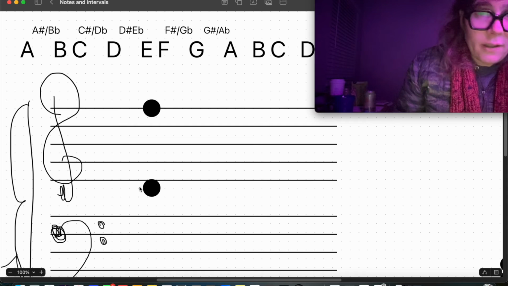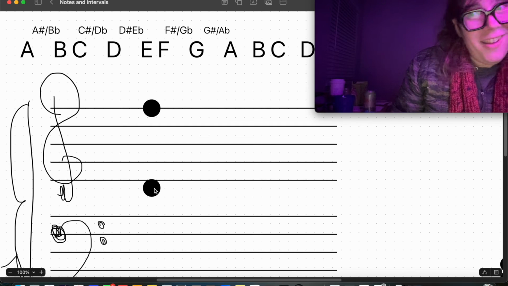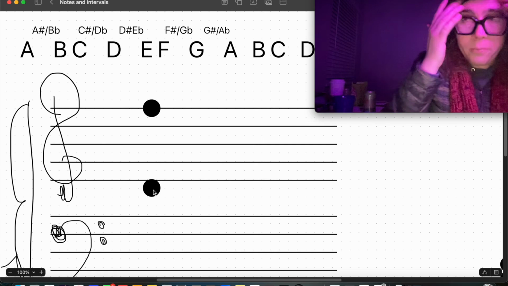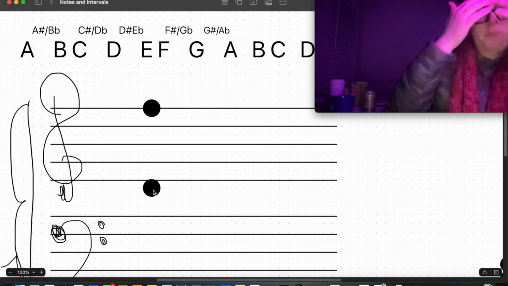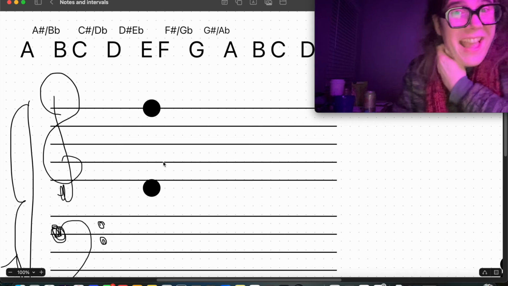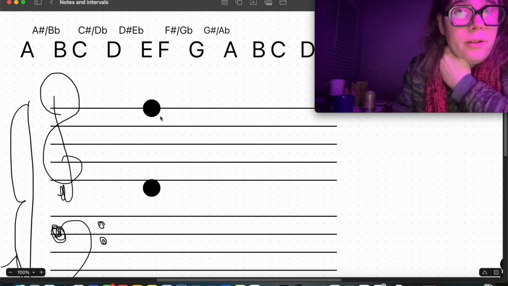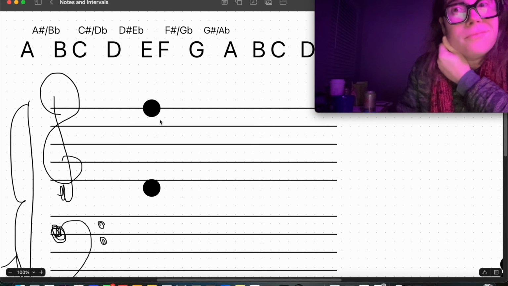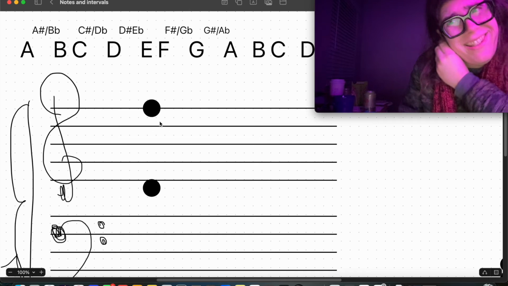Okay, I move this E down to D. It's in the space. There's no ledger line. It's in the space below. It's a D. And I moved that E up to the line, and now it's an F for fries, all right?